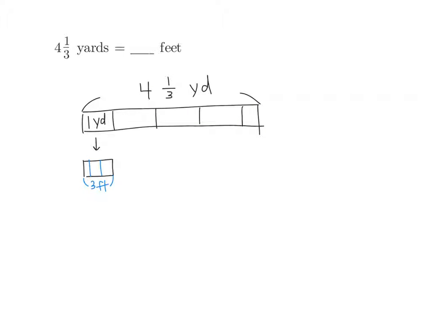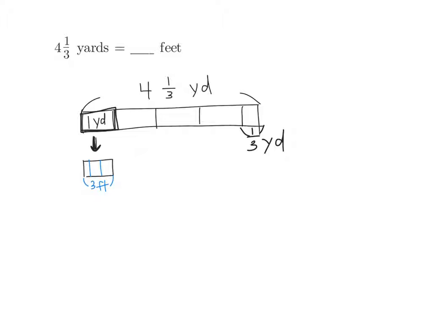Okay, this problem is asking us to find out how many feet are in 4 1/3 yards. Let's first model this using a tape diagram. So all together here, I have 4 1/3 yards. Here's 1 yard, 2 yards, 3 yards, 4 yards, and this last part right here, I should label it. That's 1/3 of a yard. Now, if I were to take this 1 yard and zoom in, I could see that in this 1 yard there are 3 feet.